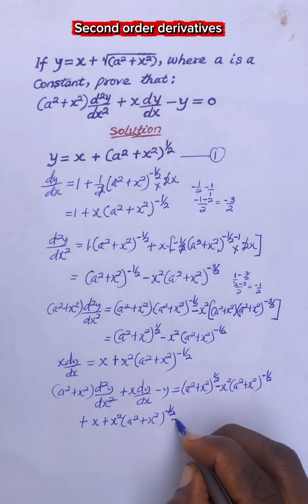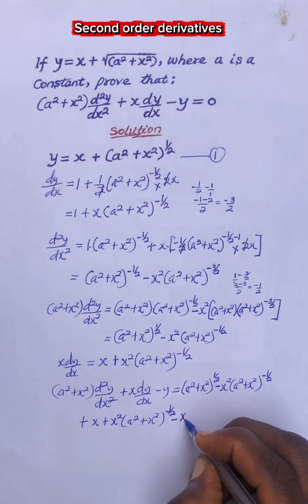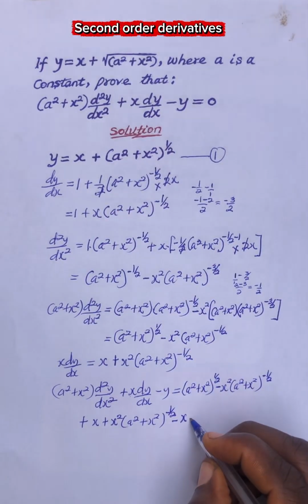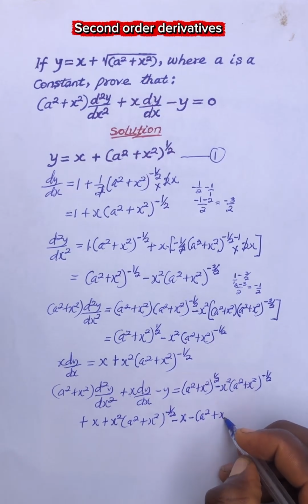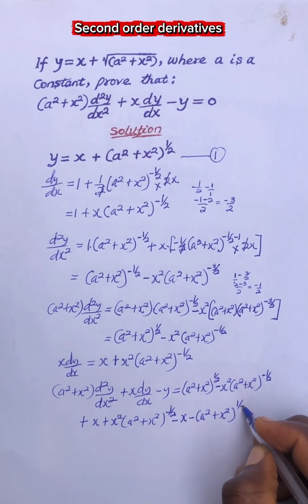So minus y means minus x, and the minus sign will affect these two. We have minus bracket (a squared plus x squared) all to power half.